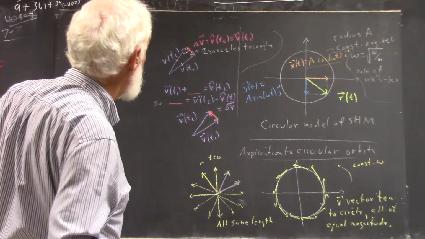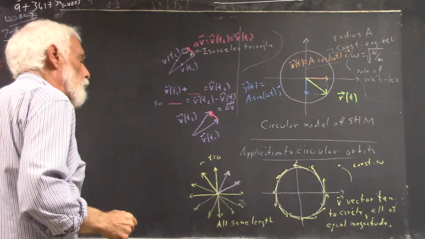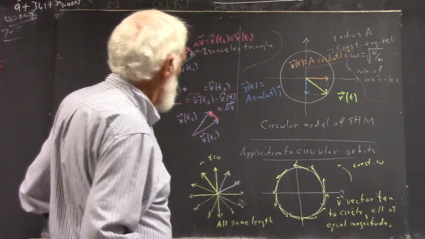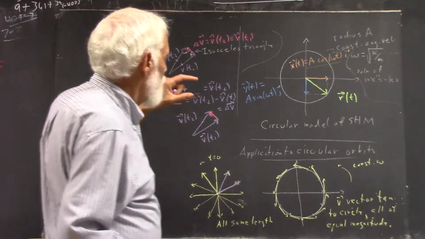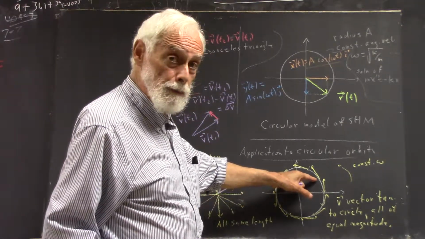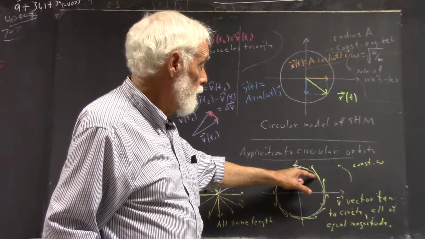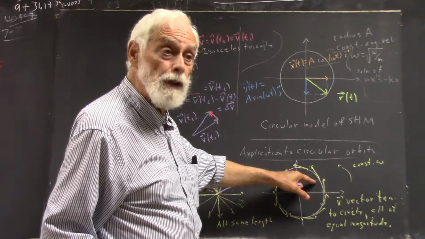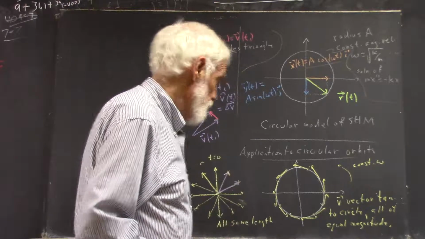Okay, well that's really important because what we want to know is what's the limiting value, at, let's say, this point, of the change in v divided by the change in t, because that's going to be the acceleration.